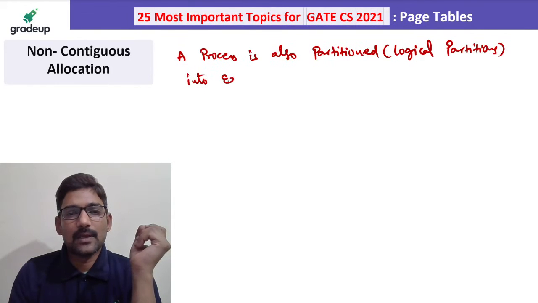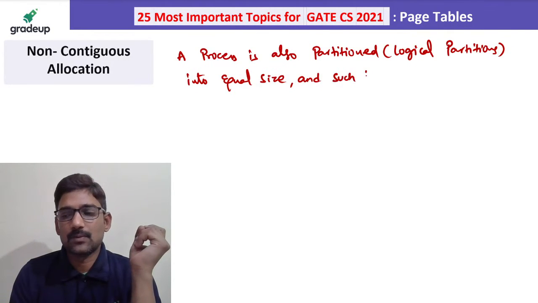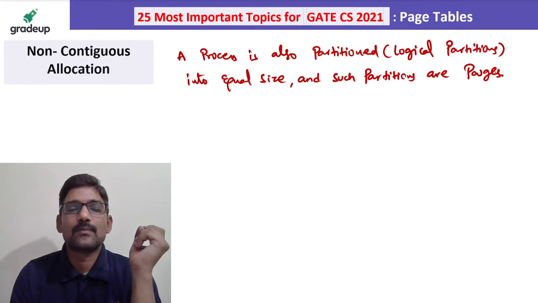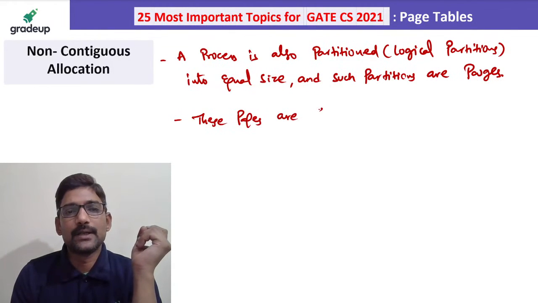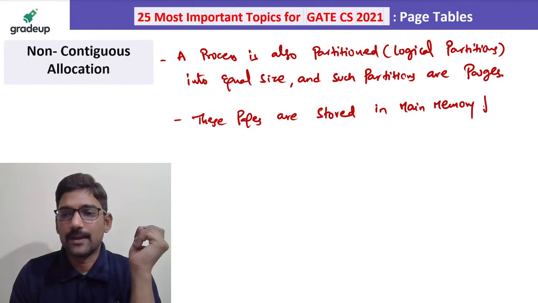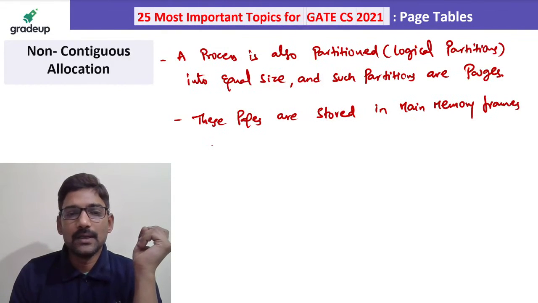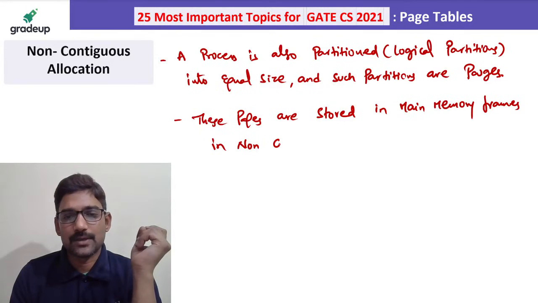into equal size. And such partitions are what we call pages. Now, these pages are stored in main memory, which is partitioned into frames, in non-contiguous locations.